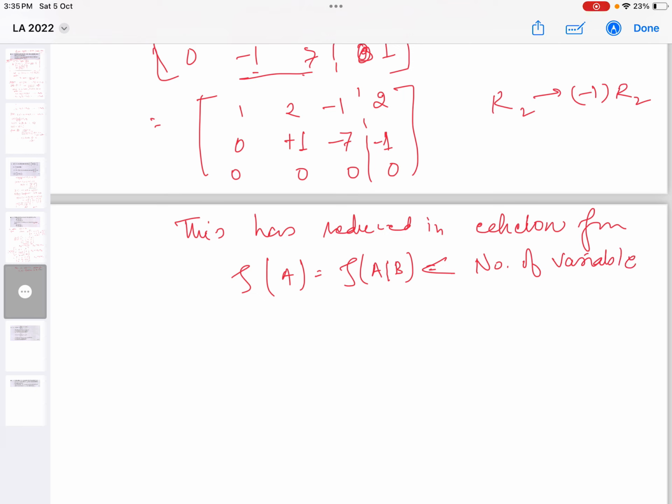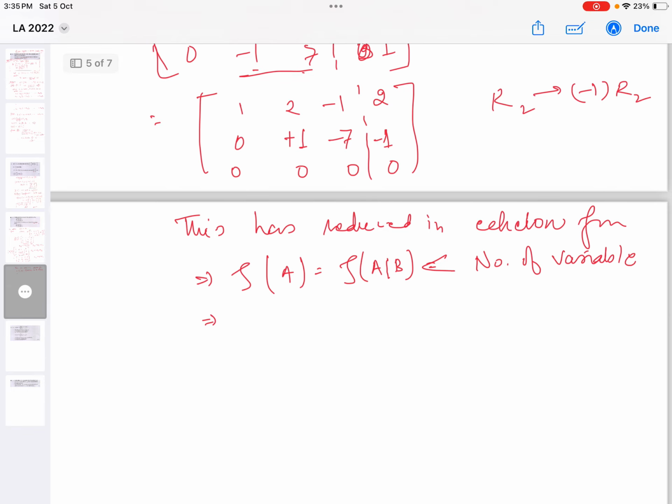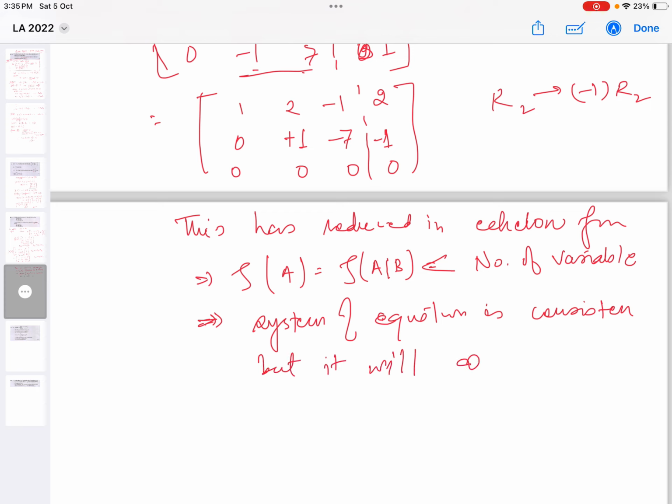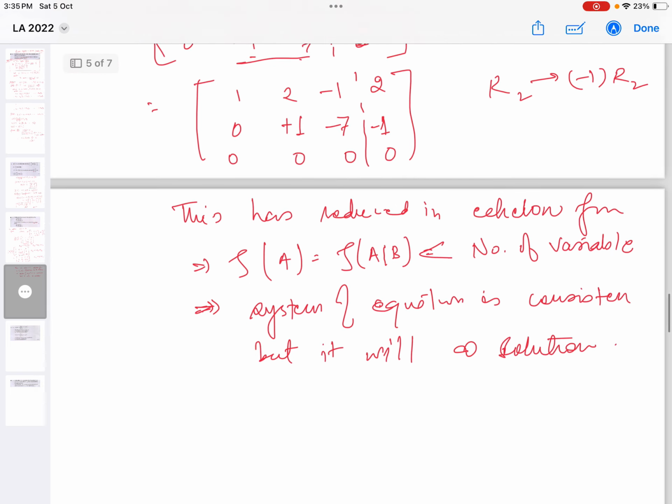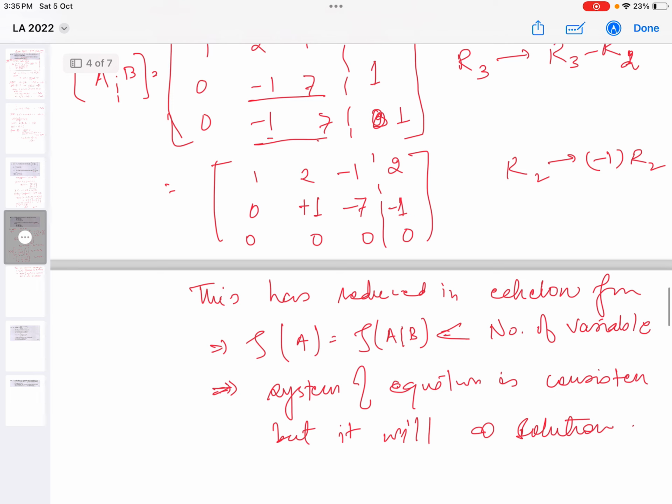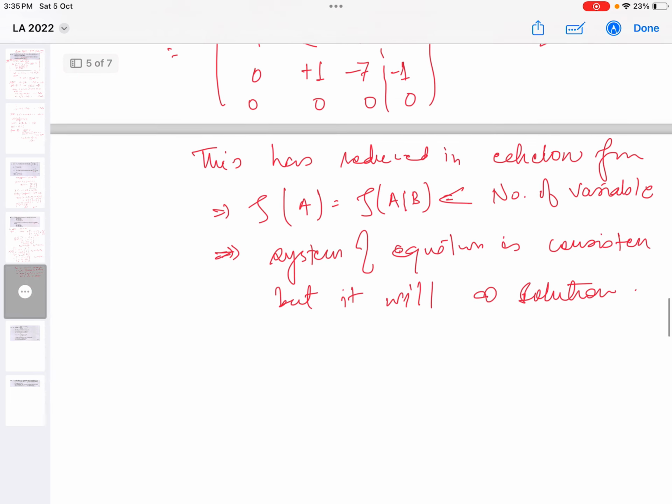This means the system of equations is consistent but it will have infinite solutions. So yeah, now what do we do? We can solve it.